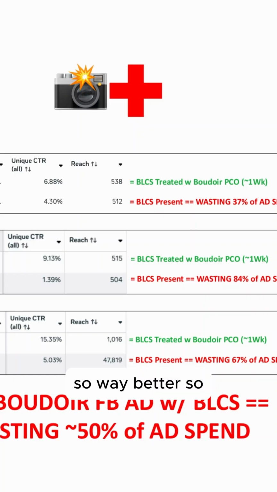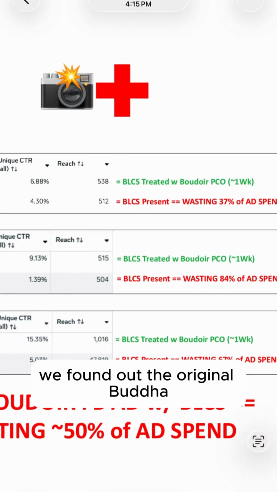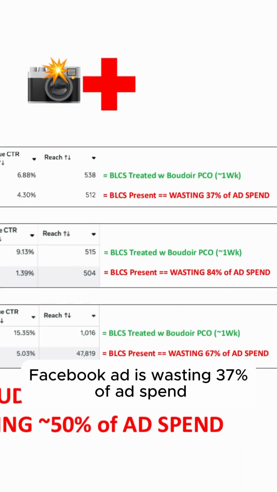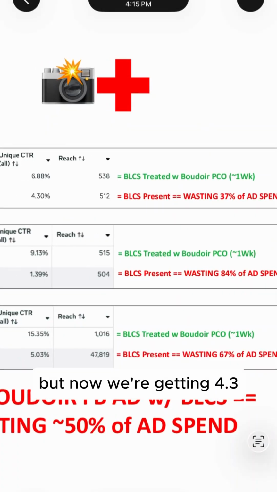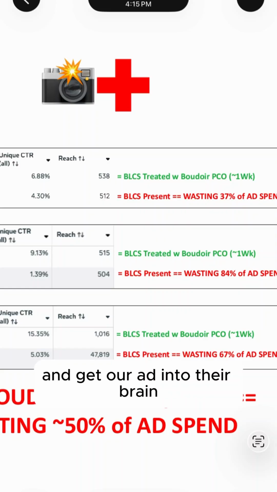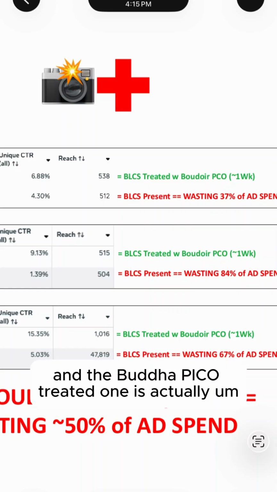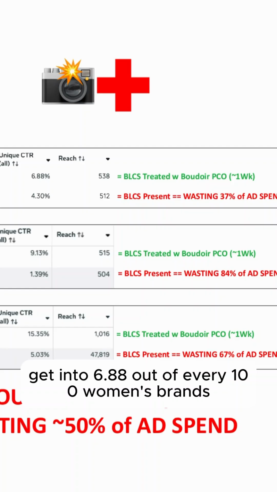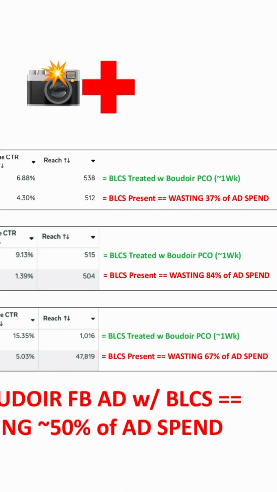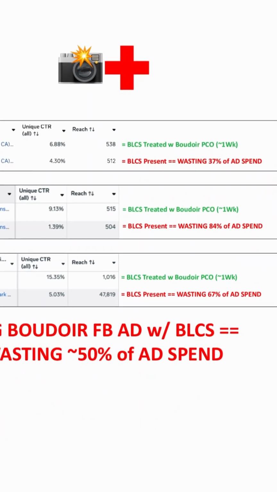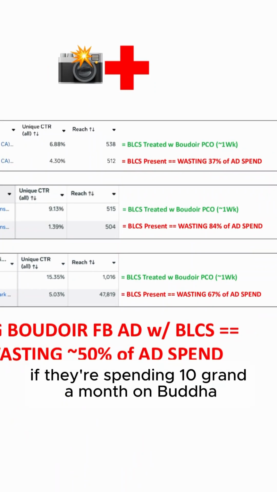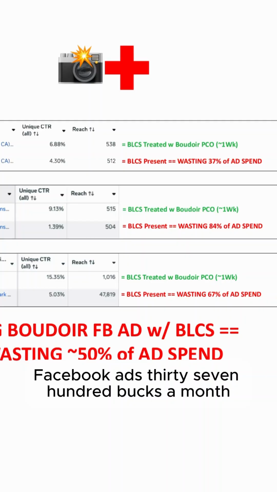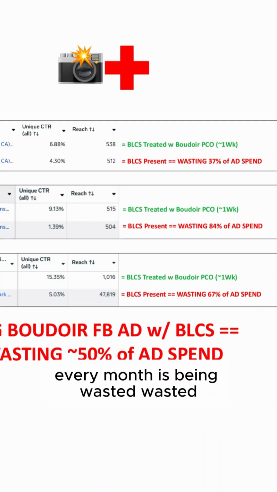So way better. We found out the original Boudoir Facebook ad is wasting 37% of ad spend by only getting 4.3 out of 100 women to click somewhere on it and get our ad into their brain. And the Boudoir Pico treated one is getting into 6.88 out of every 100 women's brains. So if they're spending 10 grand a month on Boudoir Facebook ads, 3,700 bucks a month, every month, is being wasted.